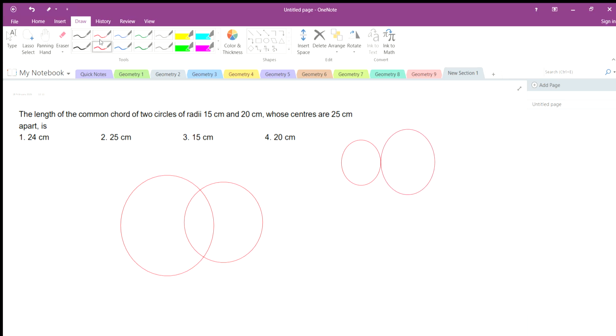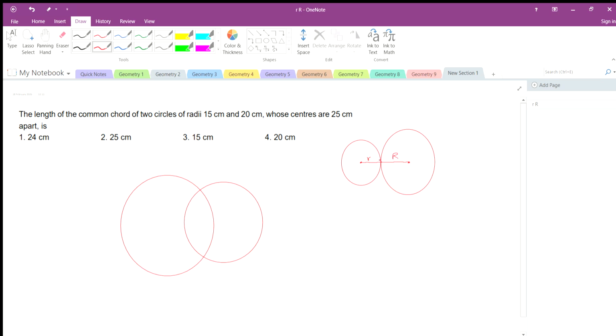And we have the centers. If I join the centers of the two circles, this is small r and this is capital R, suppose.